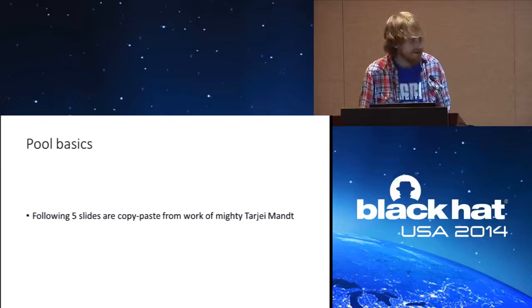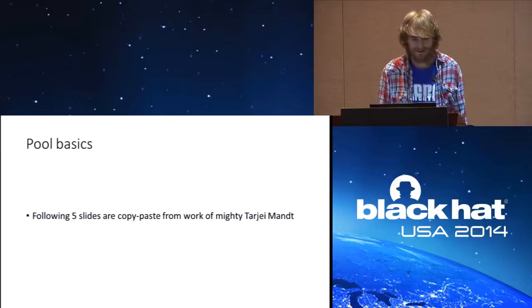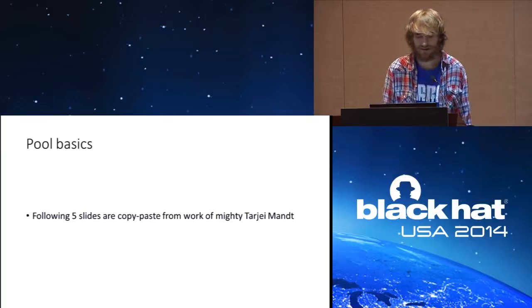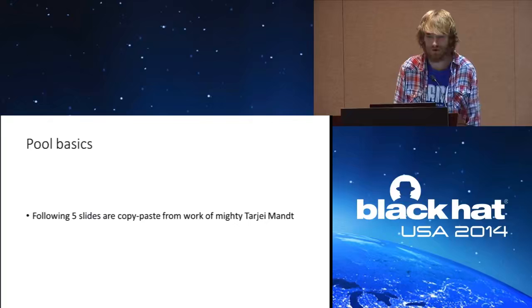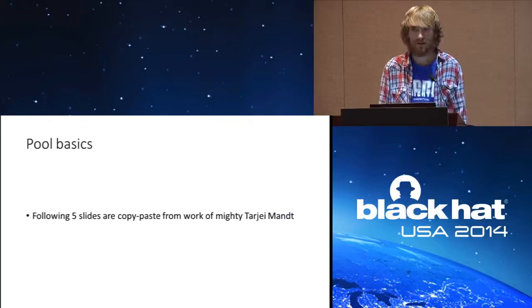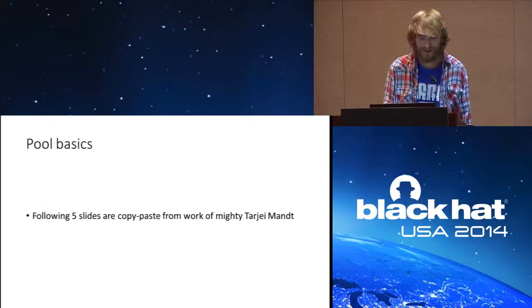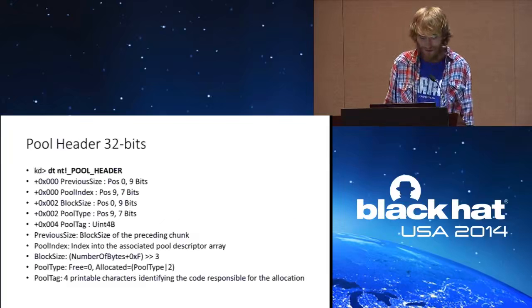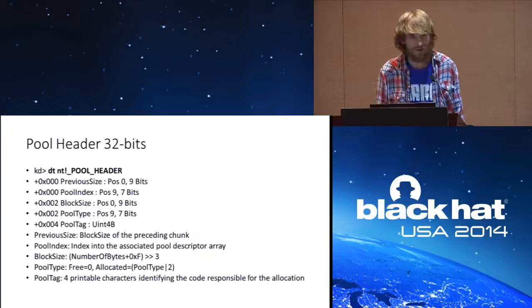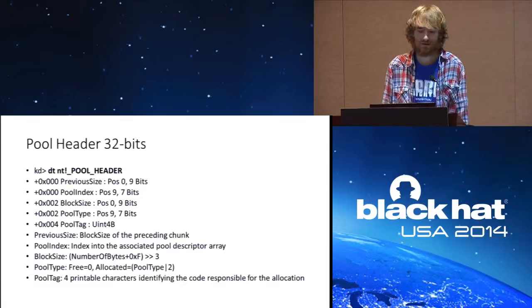So the following 5 slides are very basics, and if you want to know the deep details about how pool works, check the work by Tarjei Mandt. He did a lot of research on that subject. Basically, the pool header defines a chunk of memory.